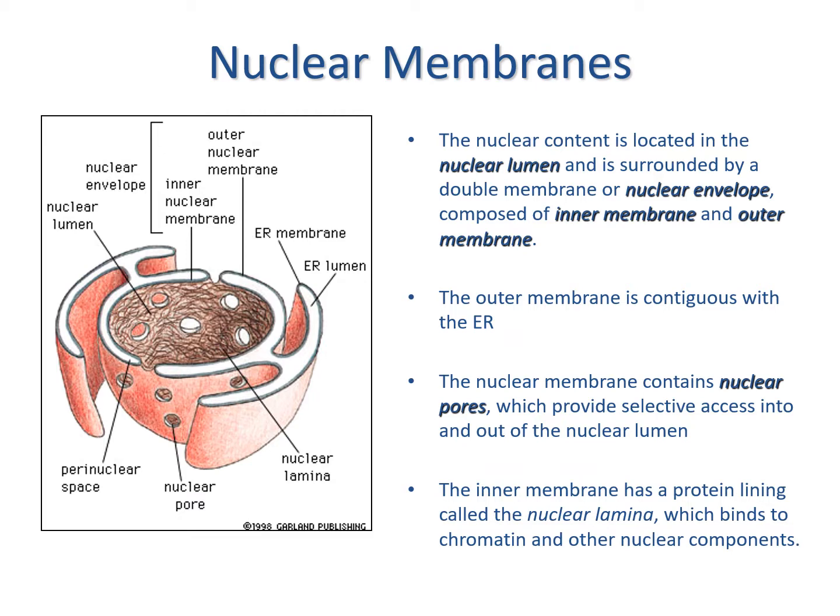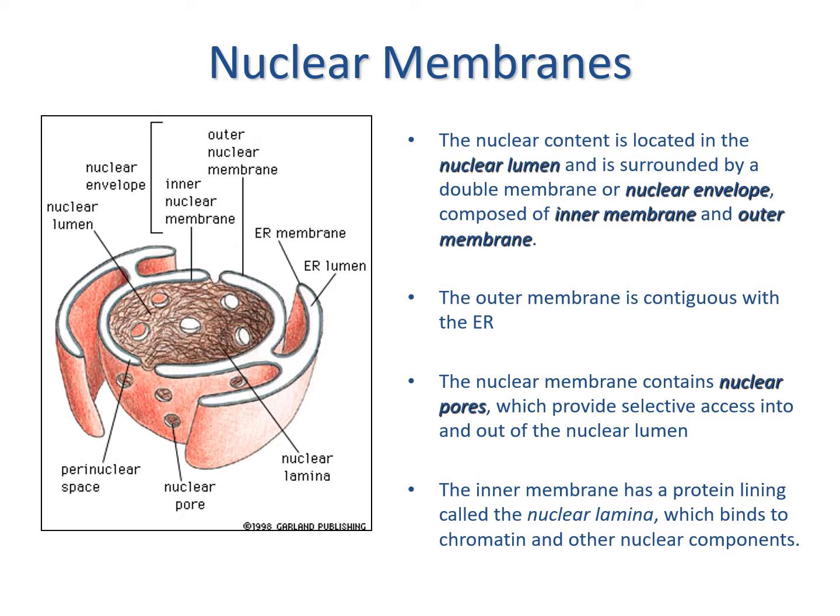The nuclear content is located in the nuclear lumen and is surrounded by a nuclear envelope, which is an inner and outer membrane. The outer membrane does have connections to the ER, and there are nuclear pores that allow material in and out.